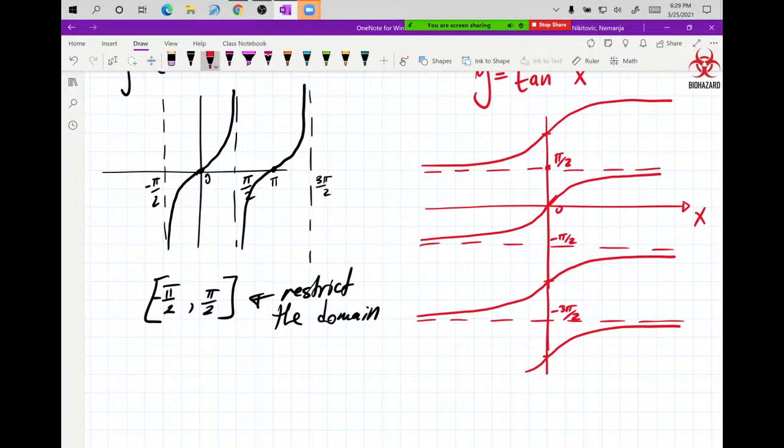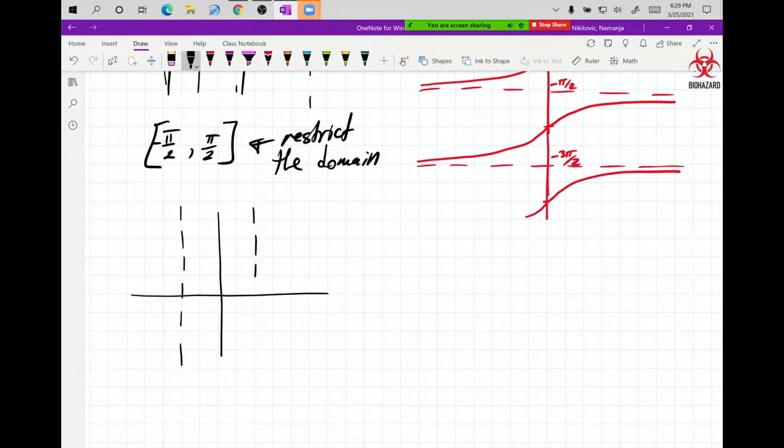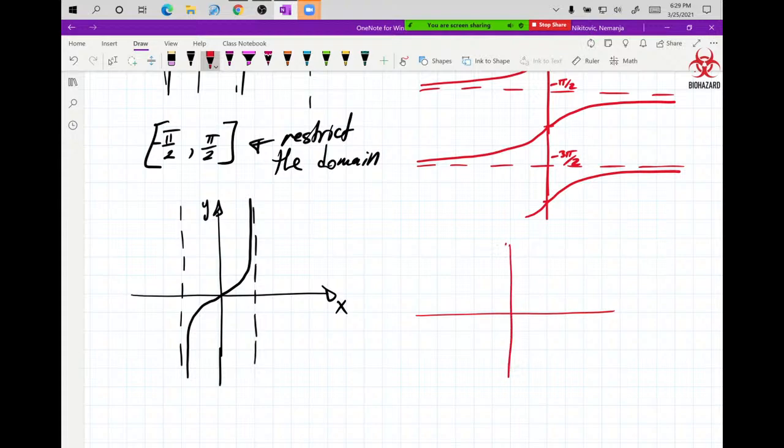So if I chop up my input tangent to only have the principal period, which is in between negative pi over 2 and positive pi over 2, there we go, that would flip into just one of these, and then it is a function.